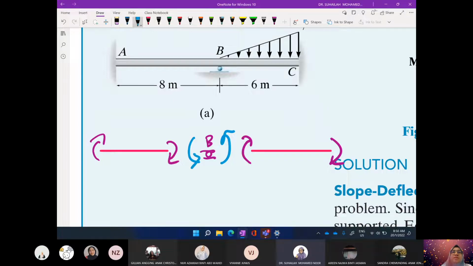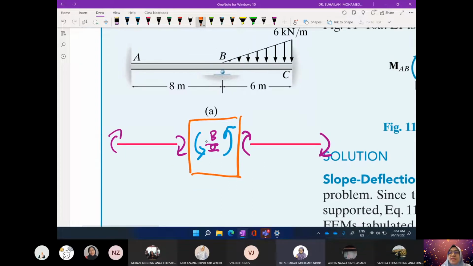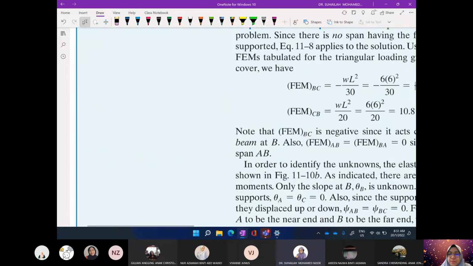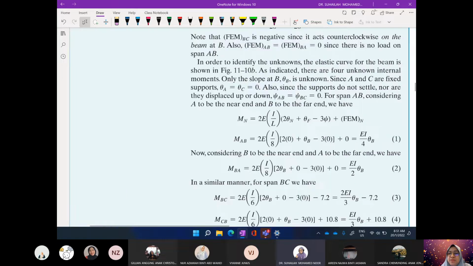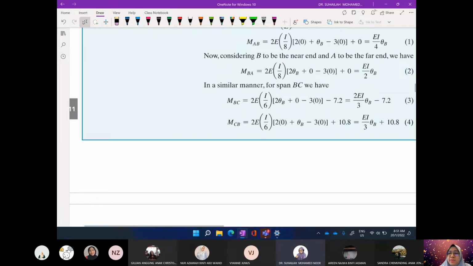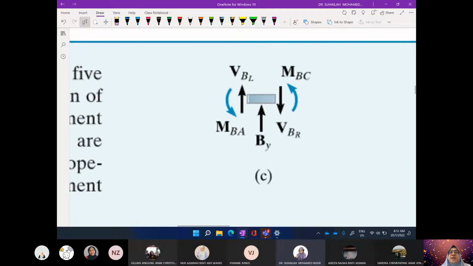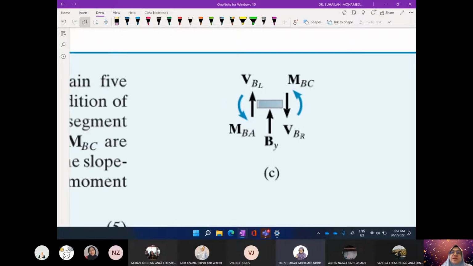So the moment that we distribute is this moment, not member end moment. Even though this is under slope deflection method, but the concept is same.